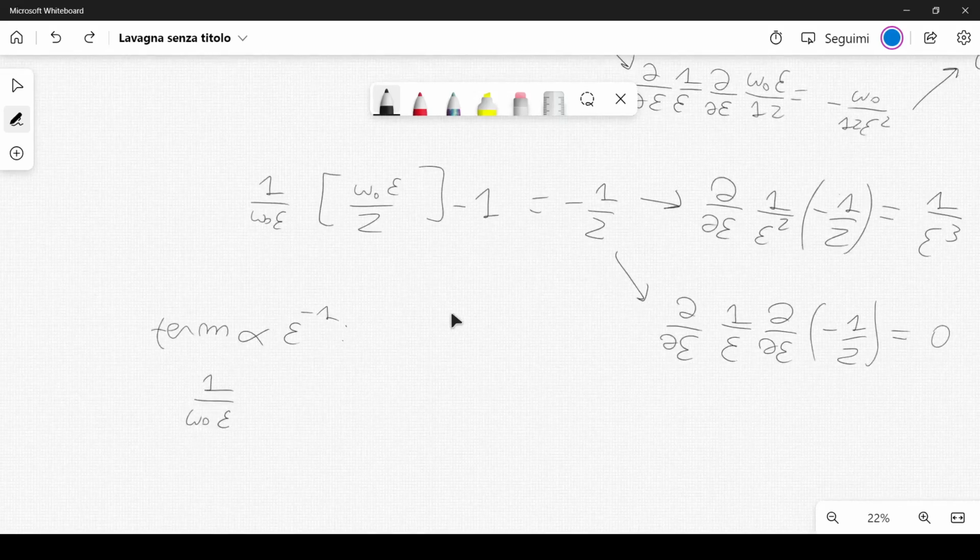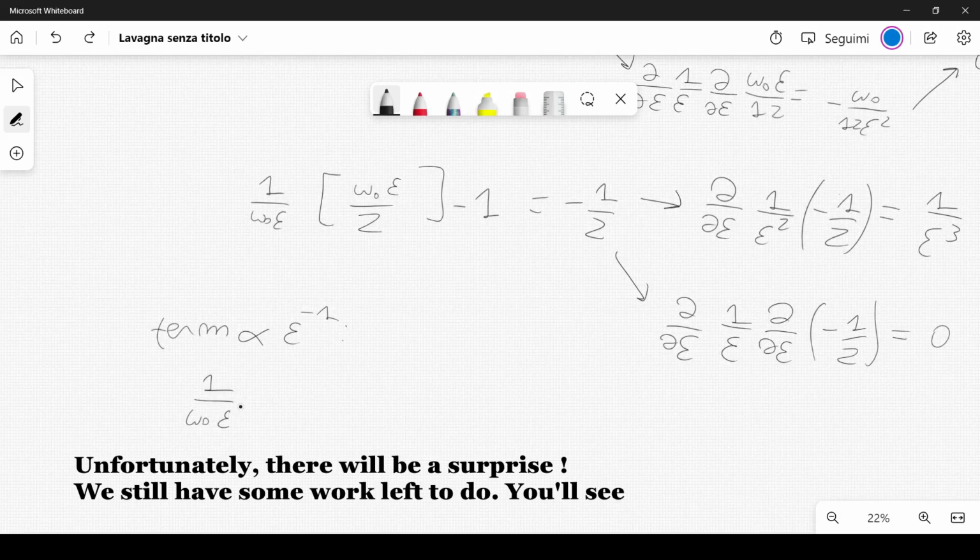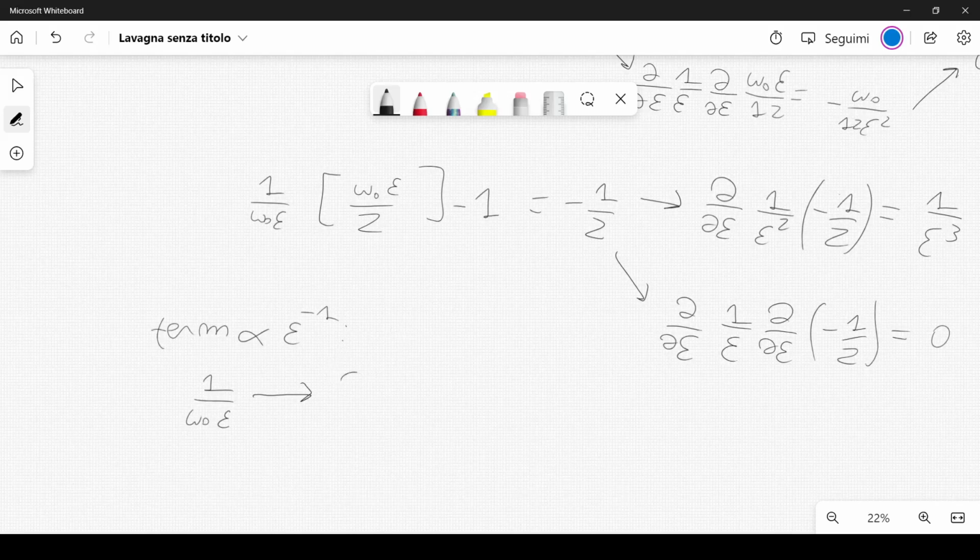Because when we take the derivative, remember that omega 0 contains a, and therefore it will not give a 0 contribution when we take the derivative. So we would be left with a divergence also in the force. And we want this to disappear, according to what we said. Let's see if it actually disappears. Hopefully it does. So let's see.